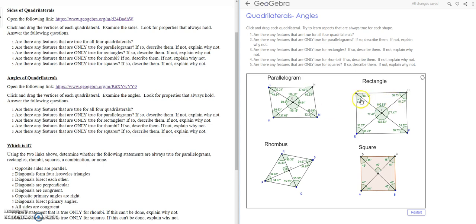And just like the others, we know that a rectangle has four 90-degree angles in the corners, and that's also true about the square. What also is unique is that it's made up of two sets of isosceles triangles as well.